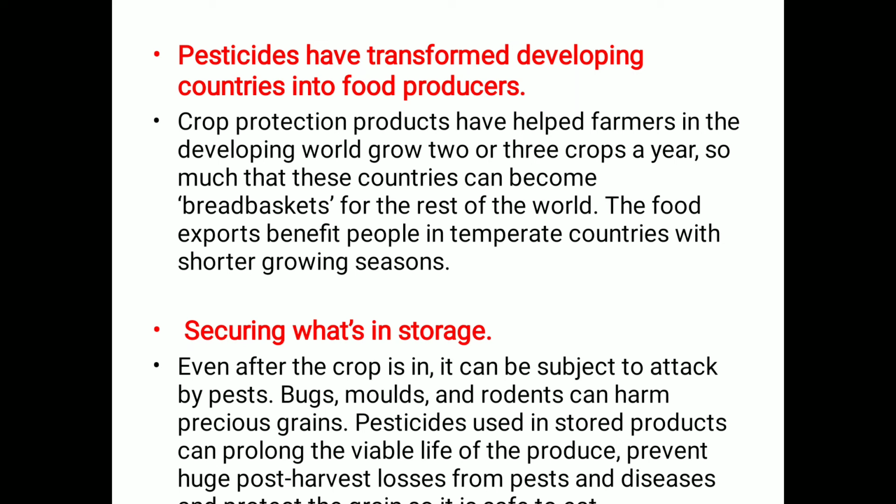Within a year, 2 to 3 produce will be there, and that produce helps the farmer in the export of agricultural commodities to other countries.